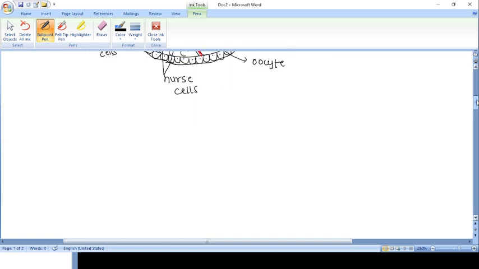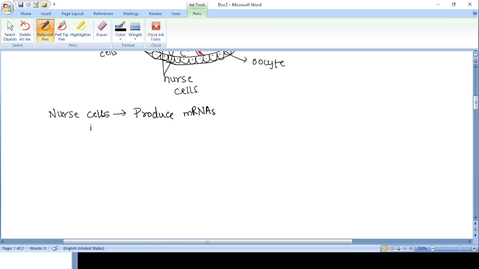Next, we'll see the function of these nurse cells. These nurse cells produce mRNAs which are required for the anterior-posterior axis formation.